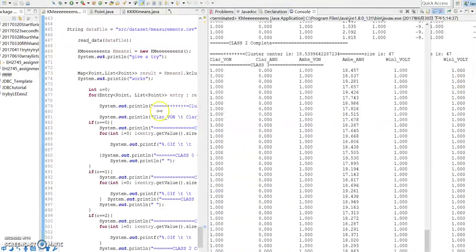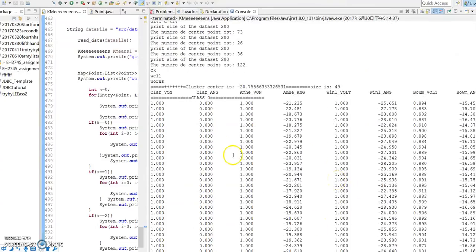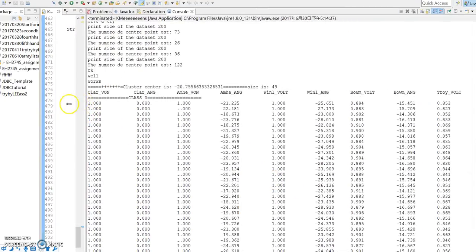Okay, here you see this is the input, this is the output. The printout screen is here. So basically we have 4 classes. This is class 0 with the class center. This is one position of the 18 given positions, just to check what is the real point of the cluster center.